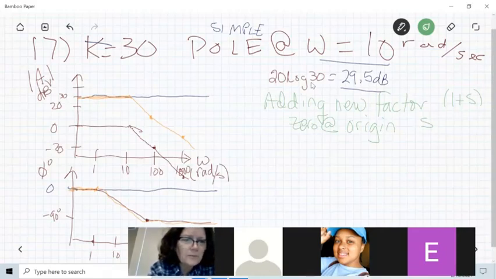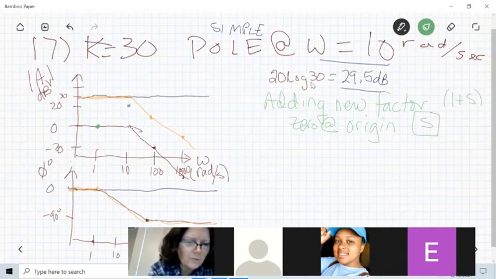My magnitude passes through 0 dB for that ground at omega equals 1, this S factor. And it is a 0, so it's going to go up to plus 20. It's got a positive slope of 20 dB per decade.